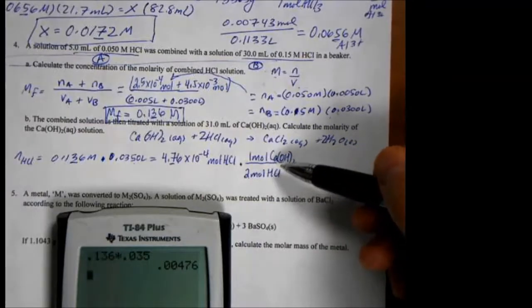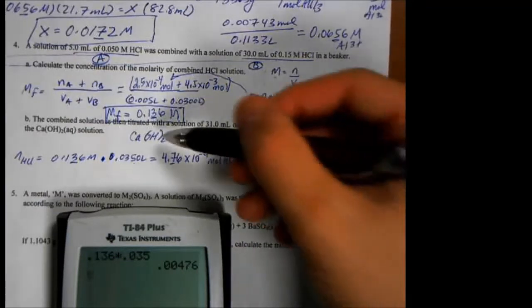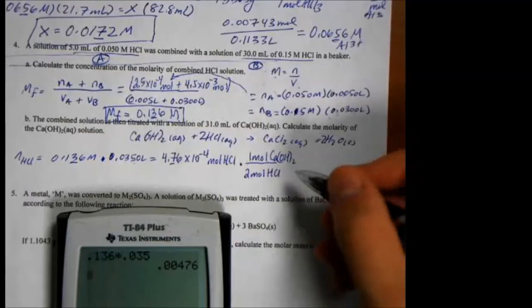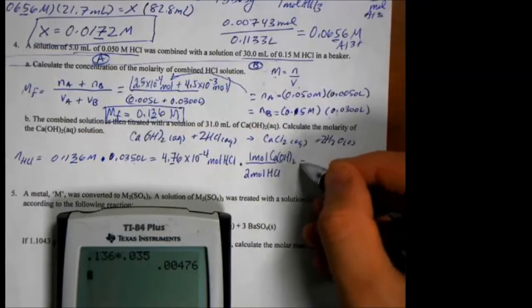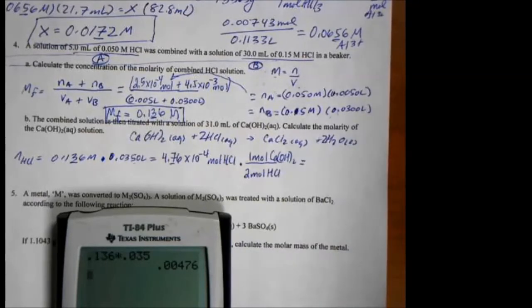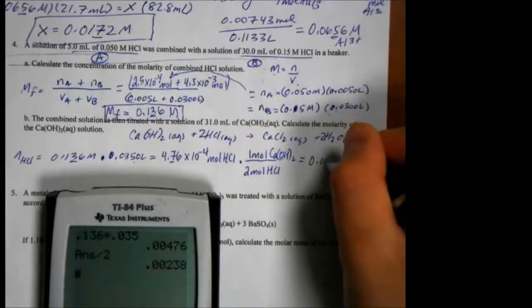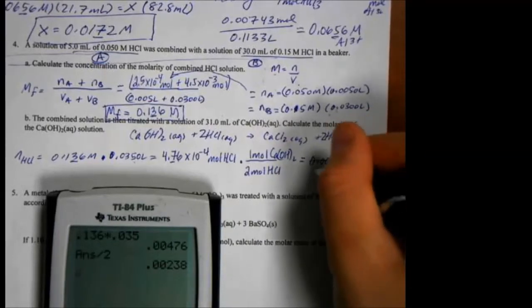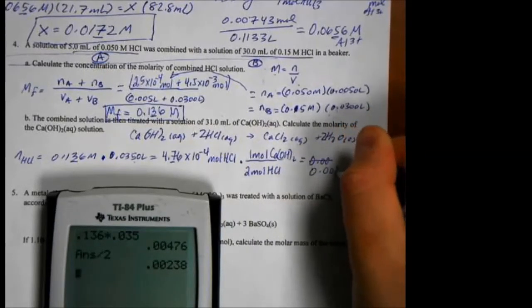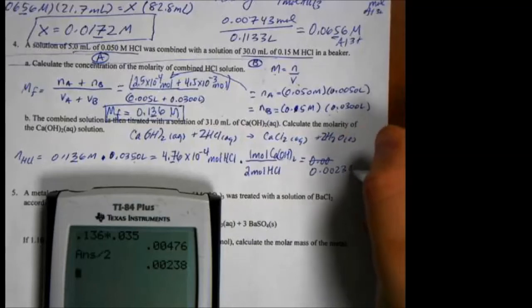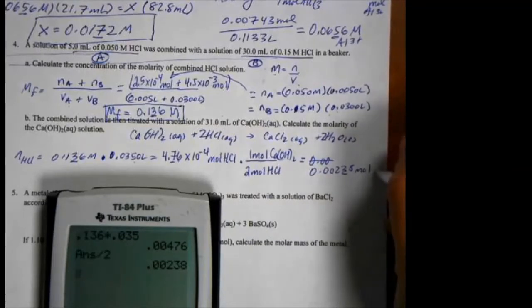We fully used up so that these two things are equivalent. We've produced all products. So now if we calculate the moles of calcium hydroxide, we get this number divided by 2. So that is going to mean that we have 0.00238 moles of calcium hydroxide.